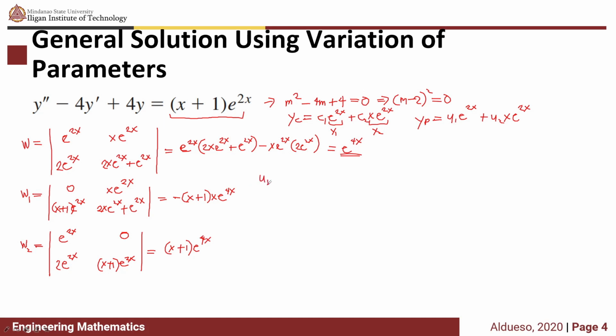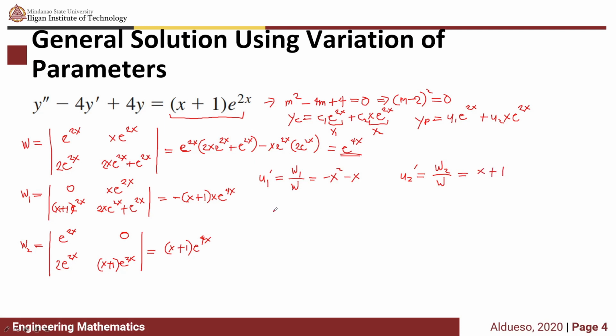So our u1 prime is equivalent to w1 over w, so we have negative x squared minus x. Then our u2 prime is equivalent to w2 over w, which is equal to x plus 1.